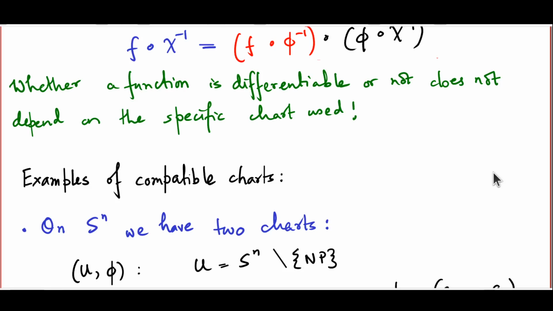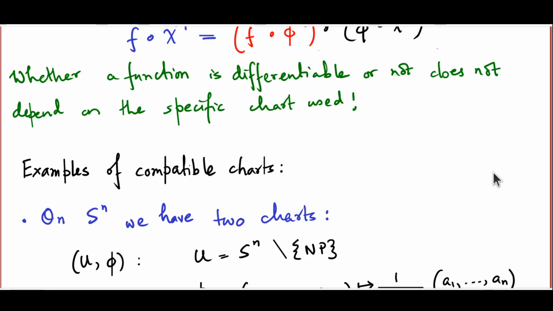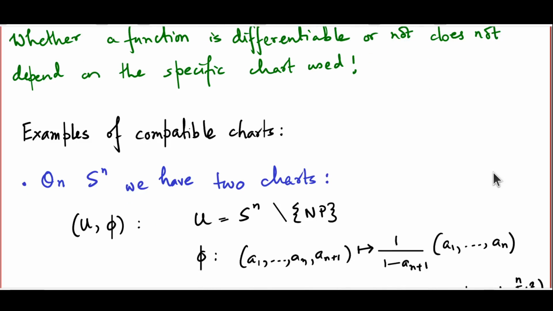The first of these, the stereographic projection from the North Pole, has as its domain U the sphere Sn with the North Pole taken out, and the corresponding map could be described geometrically, something which we have done in some detail in the last lecture. The upshot of all this is the bunch of coordinates which Sn has, a1, a2 up to an plus 1, are coordinates of a point on Sn whose squares add up to 1.